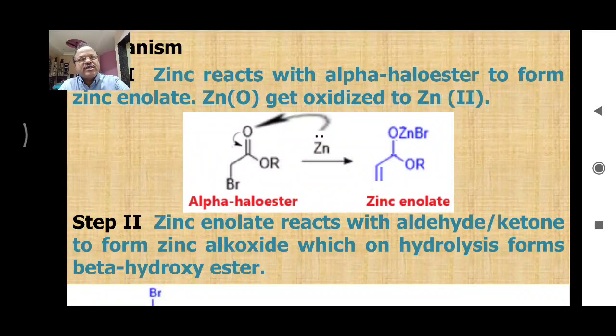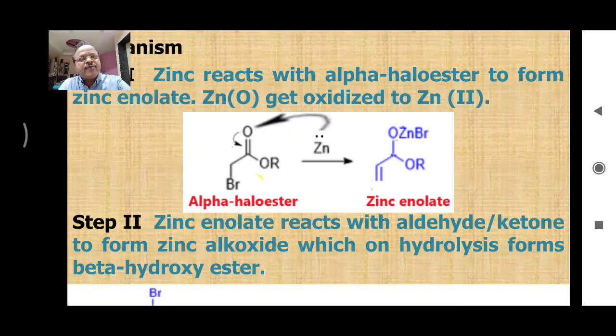Oxygen, C double bond O. The pi electrons, or the lone pair of electrons which are present on this oxygen, will be migrated towards this carbon. Zinc will form the bond with this oxygen, and there is formation of OZnBr.